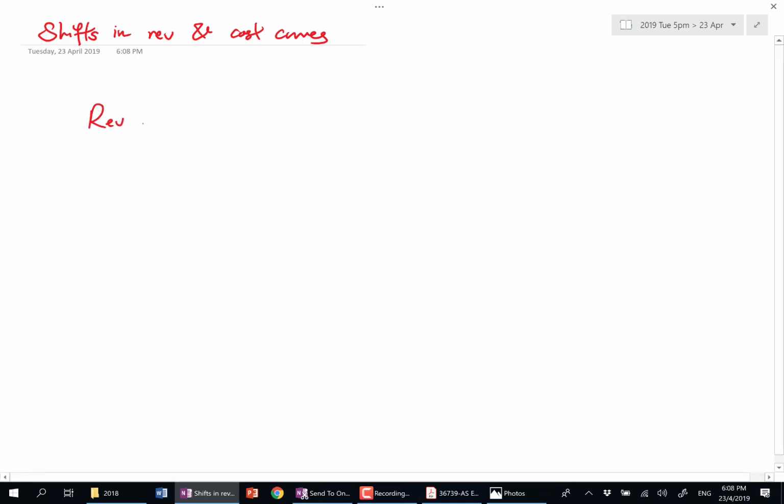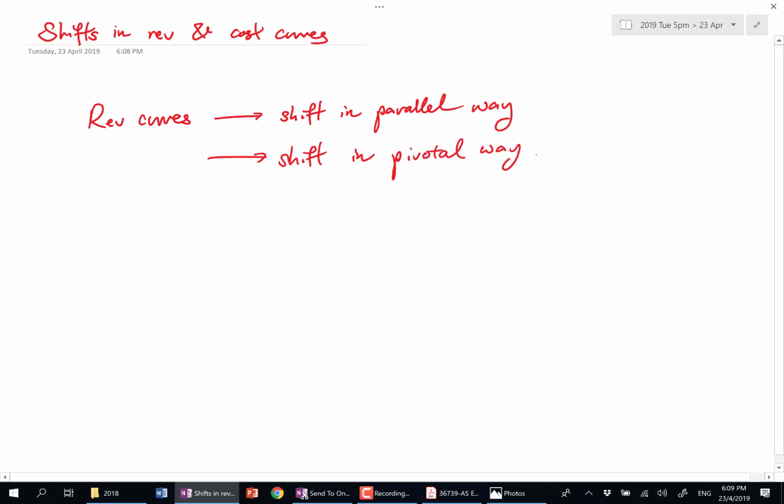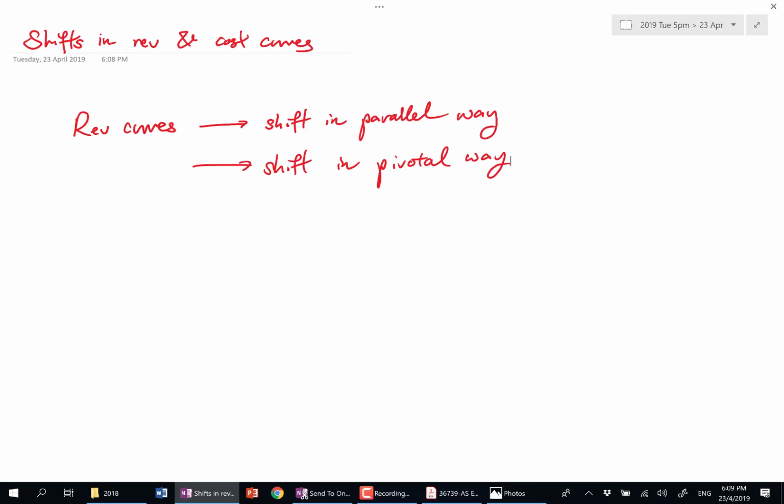If I look at revenue curves first, I'll tell you two things. Revenue curves either shift in a parallel fashion or they shift in a pivotal way. Only two possible shifts. It's either parallel or pivotal.